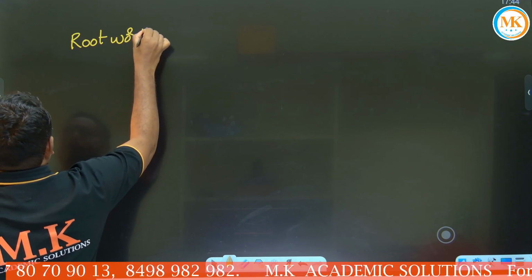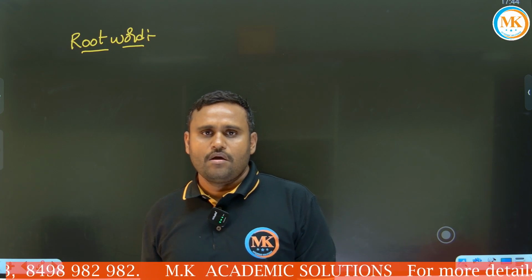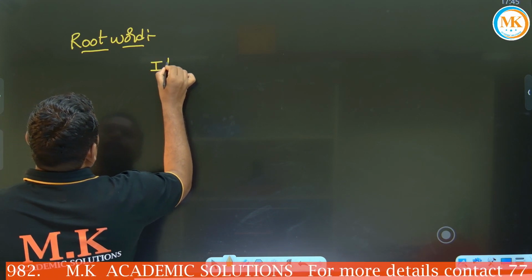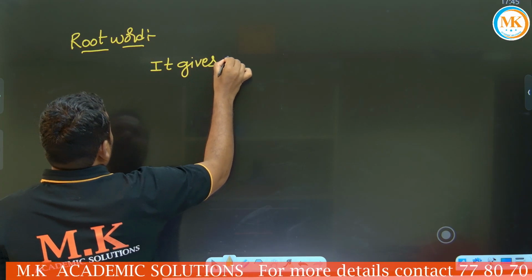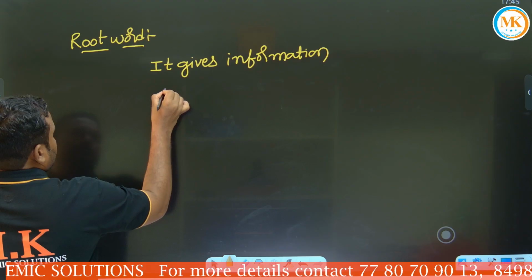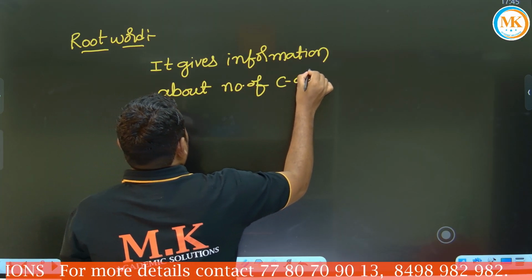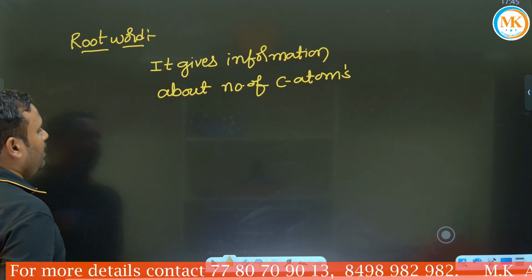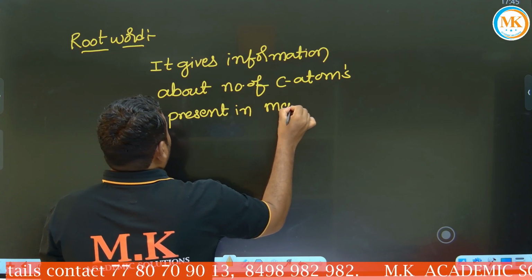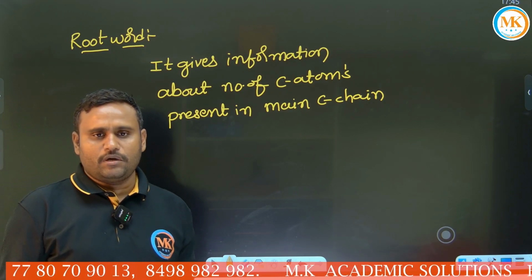The root word gives information about the number of carbon atoms present in the main carbon chain, or parent carbon chain, or sometimes it is also called the principal carbon chain.